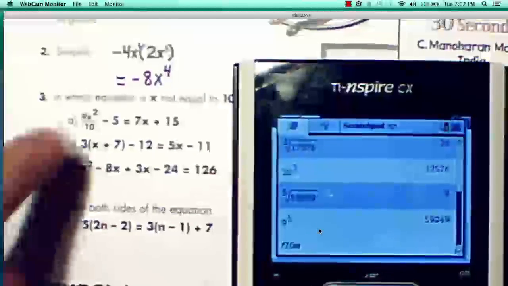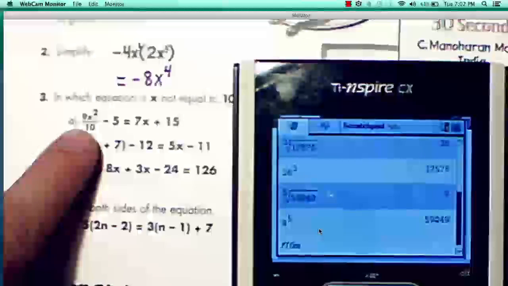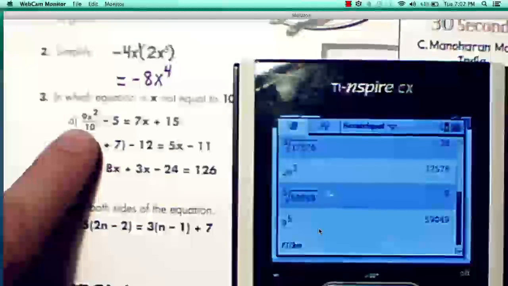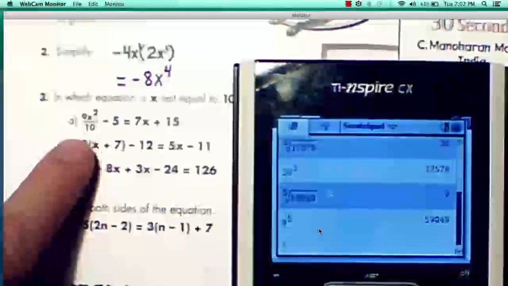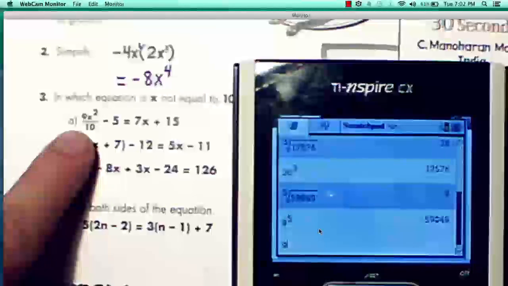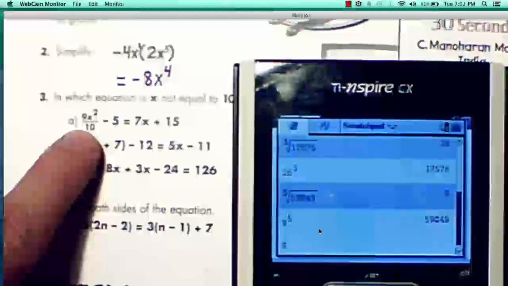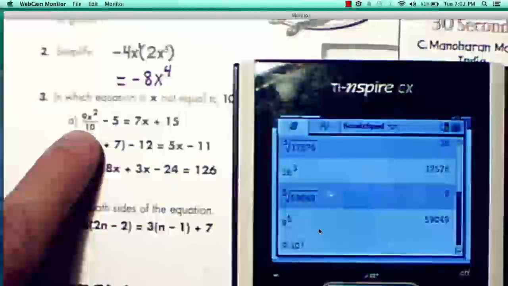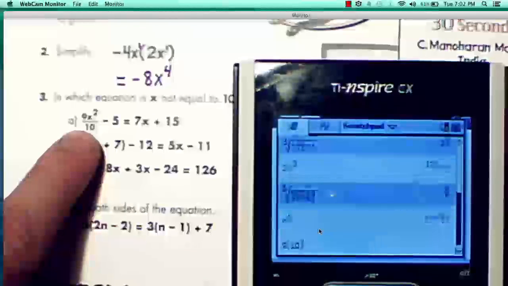Alright, I'm typing in the first expression. (9), and then I want to substitute 10 in place of x. Open parentheses 10, closed parentheses, quantity squared.